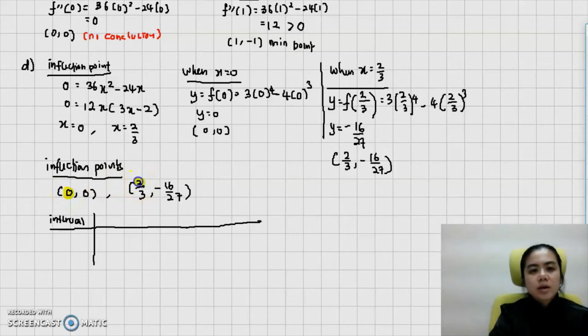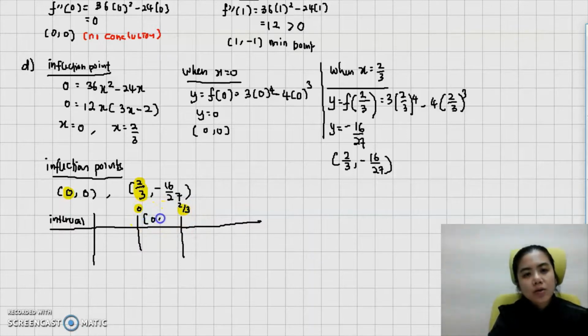We have these 0 and 2 over 3, so I'm going to put them at the top of the table. This will guide you on how to write the intervals. Between two numbers, you write 0, comma, 2 over 3, and on the sides we have negative infinity until 0, and 2 over 3 until infinity.